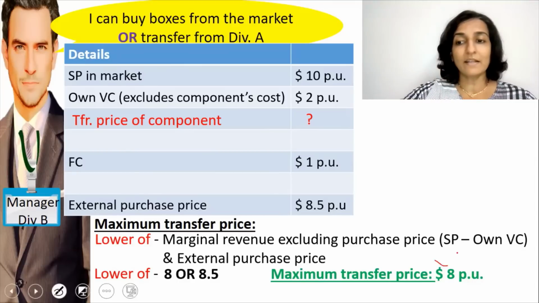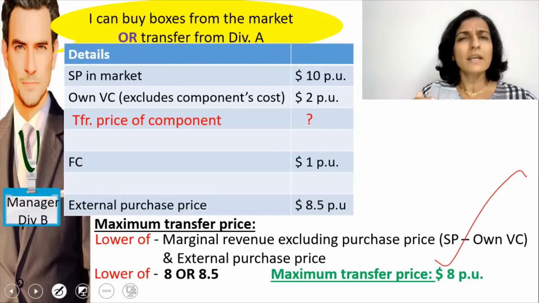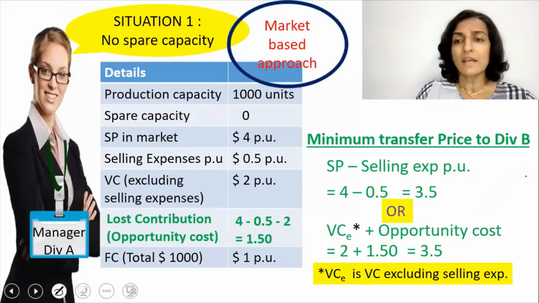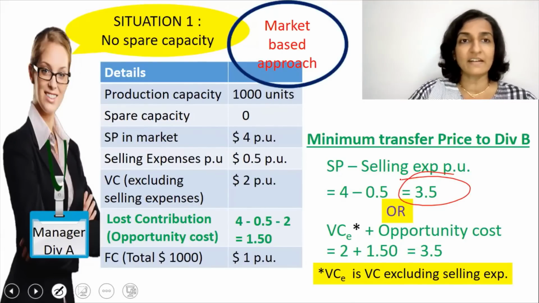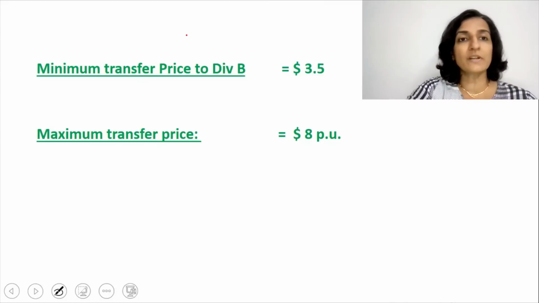Now we know that the maximum transfer price is $8 per unit as far as Division B is concerned. Now what was the minimum transfer price as far as Division A was concerned? It was $3.5 per unit. This is what we calculated, that is when there was no spare capacity. So what is the range? I've just copied those figures.